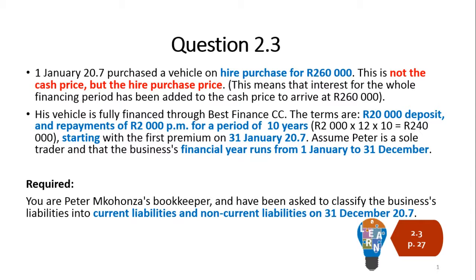What they want you to do is, with repayments of 2,000 per month over the next 10 years, say at the end of 31st December 27, what is the current liabilities amount? What is the non-current liabilities amount? I'm going to share an Excel screen with you where we're going to break it down.